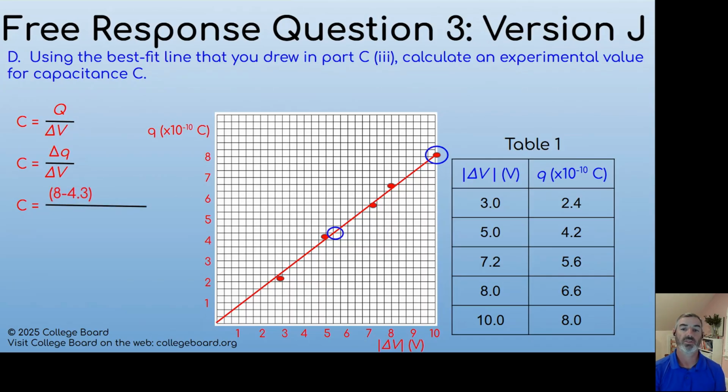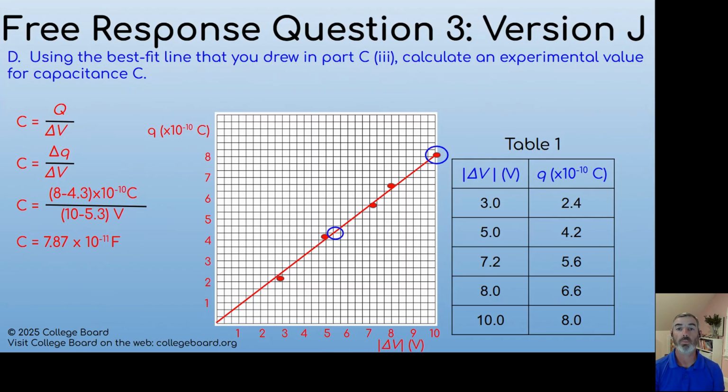So 8 minus 4.3 for my 2 points, but remember, that's times 10 to the negative 10th. So we've got to add that part in. Then on the horizontal, we have 10 minus 5.3, and that's in volts. Then we can evaluate that, and we get a capacitance of 7.87 times 10 to the negative 11th farads is the value of the capacitor.